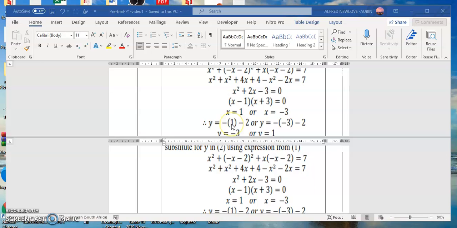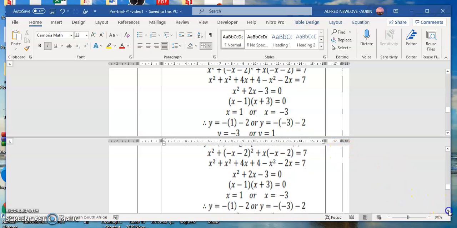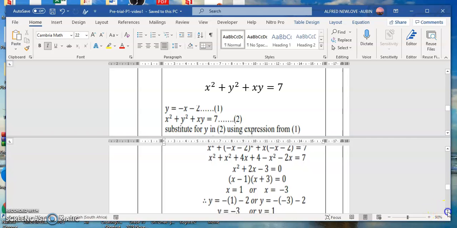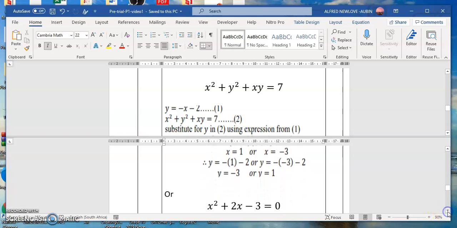Then we need to substitute into our formula, into the y value. What is the y value? Let me show you here at the beginning. Remember, we said equation 1 is y equal to minus x minus 2. So we substitute into it.